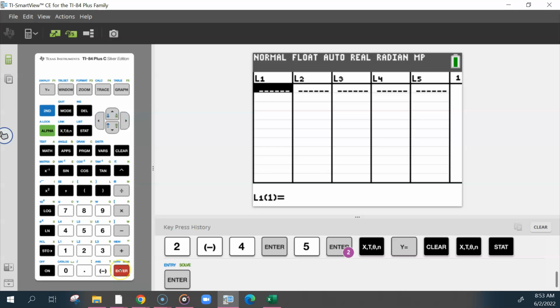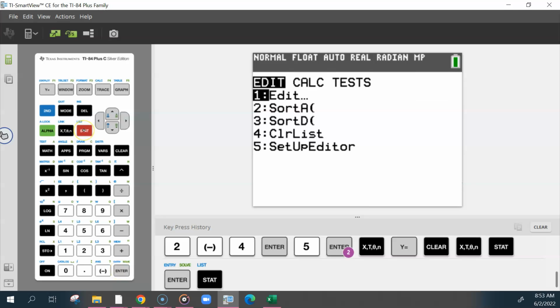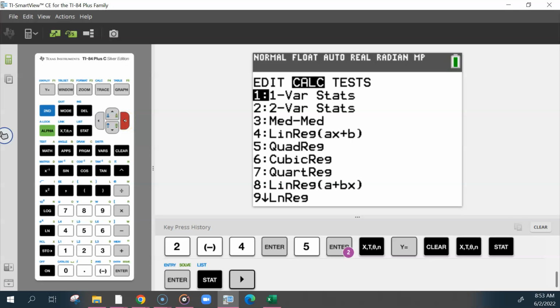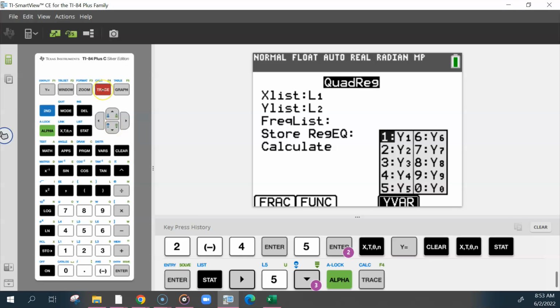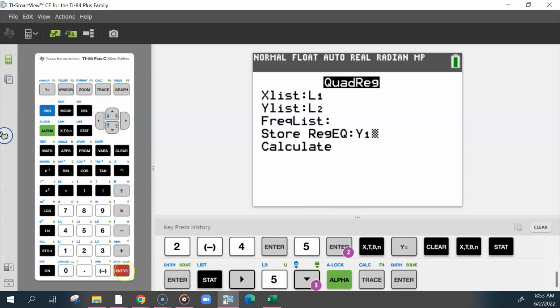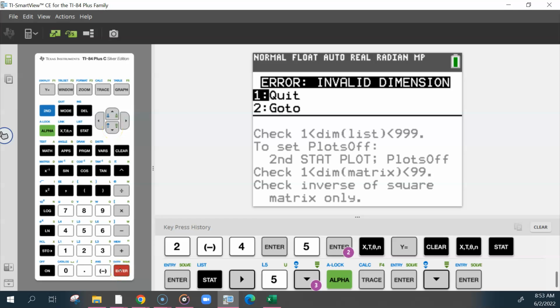Go into edit, put in your data, go back into stat, scroll over to calculate, go to number 5. Make sure you store this in alpha trace in whichever one you want. And then calculate, it's going to give you an error that everybody's getting.